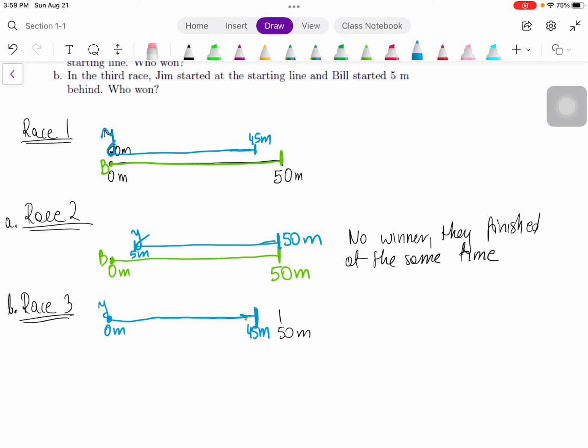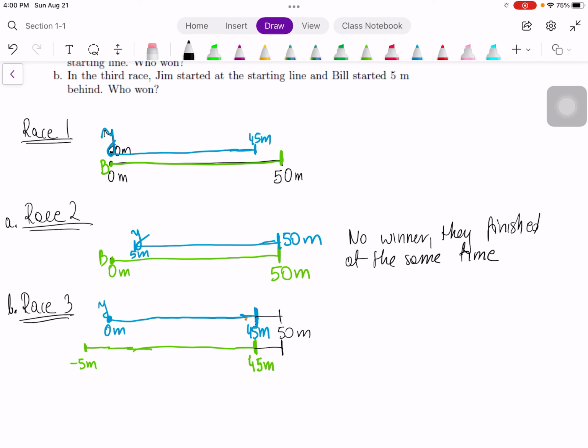So that's Jim. But now what happened is that Bill started 5 meters behind. Remember that within the same time, they are at the 45 meter mark. Okay, but the question is who won the race.